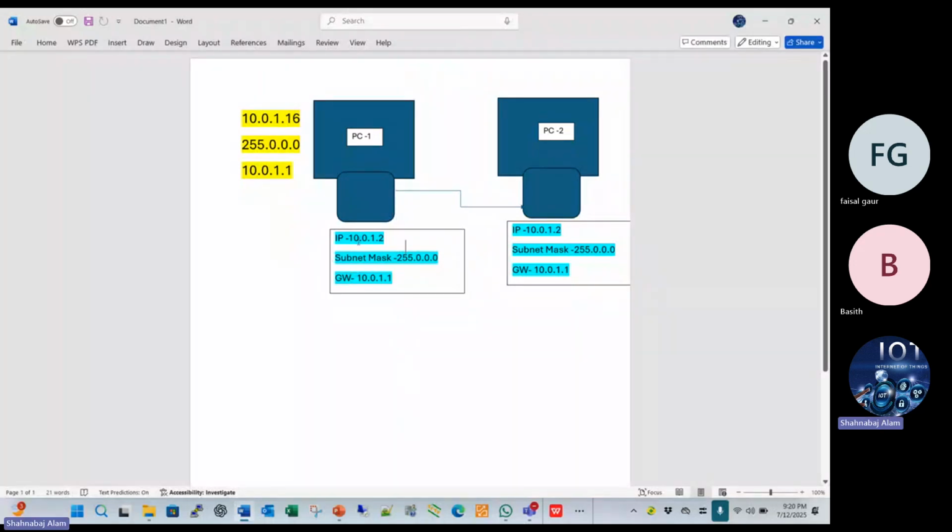We assigned both the same IP series, not a different series. Suppose I change this one to 6. Now PC number 1 to PC number 2, will it communicate or not? Can you answer me?